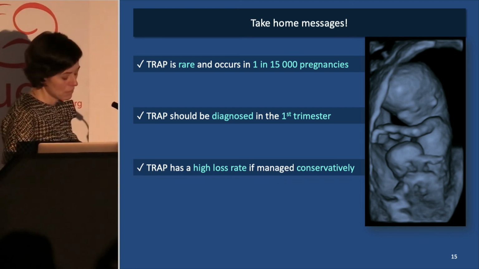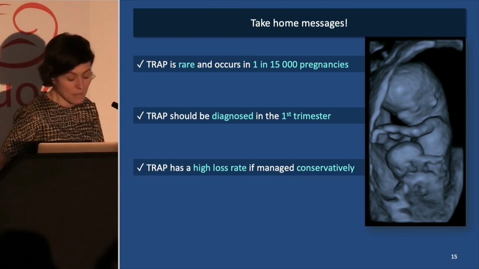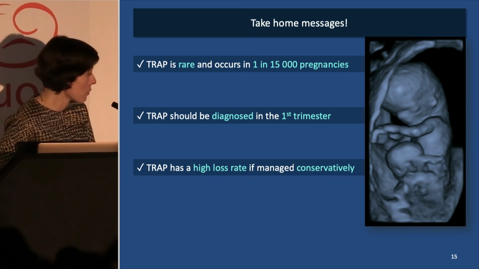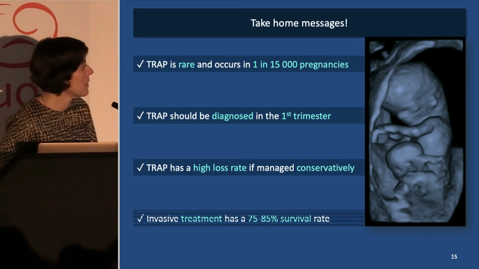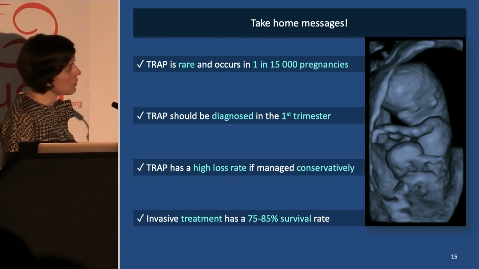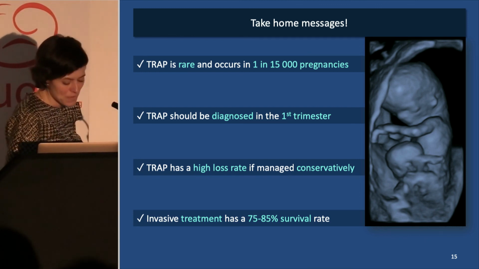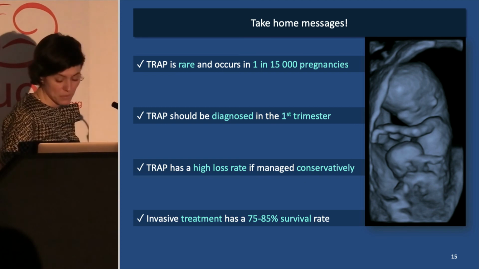So there's not only the risk of demise, but also extreme preterm birth and therefore long-term neurodevelopmental impact. And invasive treatment is an option, and when you look at the cases that come at 16 to 18 weeks, there are good survival rates after treatment.